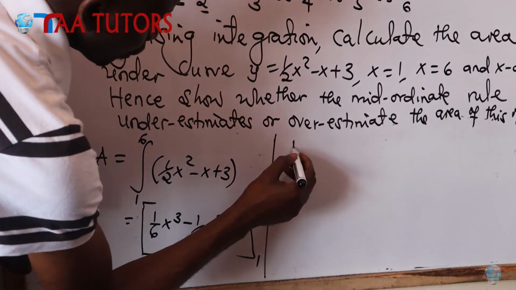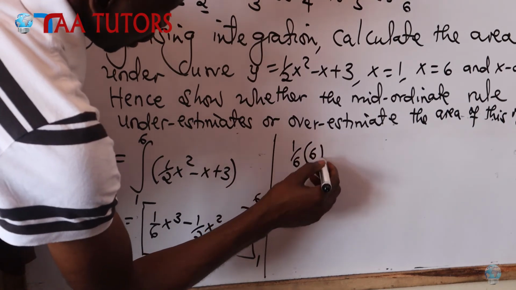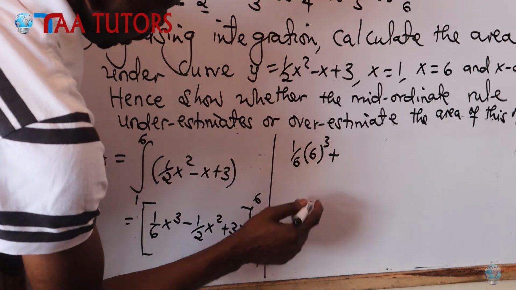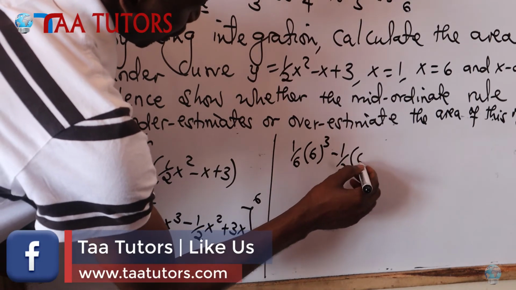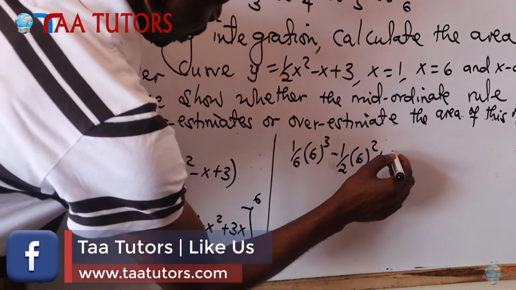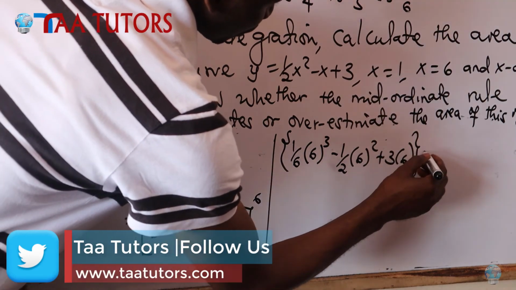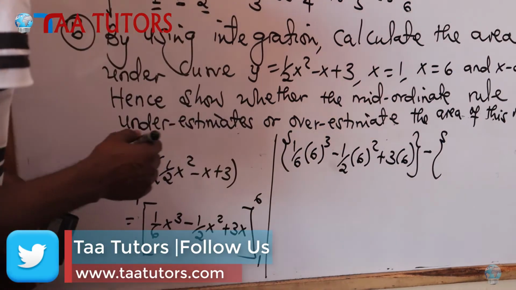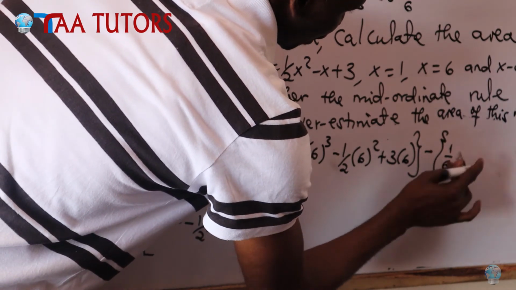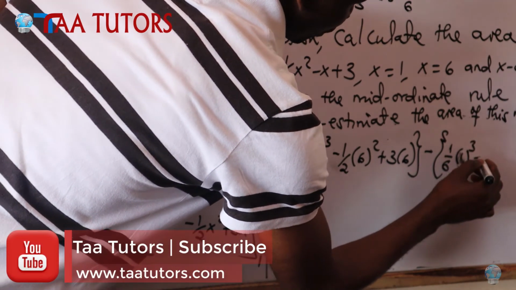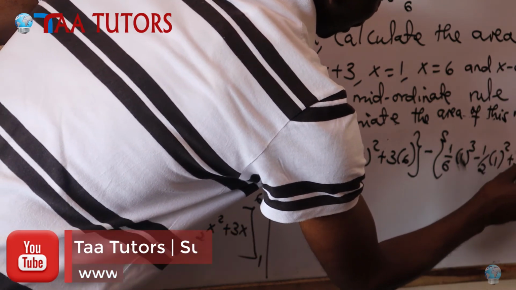This will be 1 over 6 into 6 cubed minus half into 6 squared plus 3 into 6, minus, what about if x is 1? 1 over 6 times 1 cubed minus a half times 1 squared plus 3 into 1.